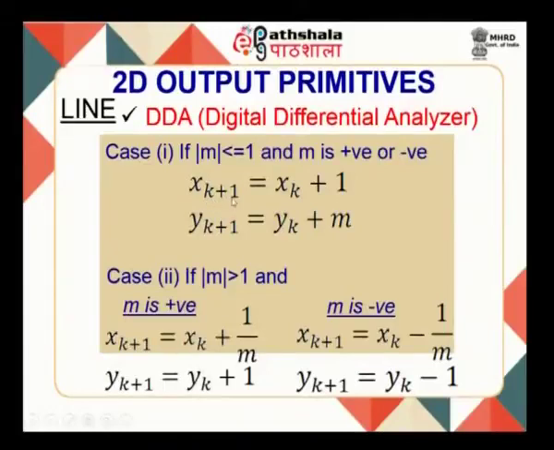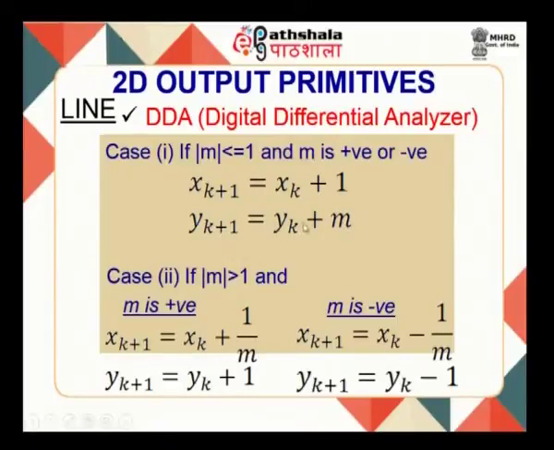So, the next x value, x k plus 1, is nothing but the previous x value plus 1 unit. But the next y value is y k plus m. The next y is the previous y value plus m units.